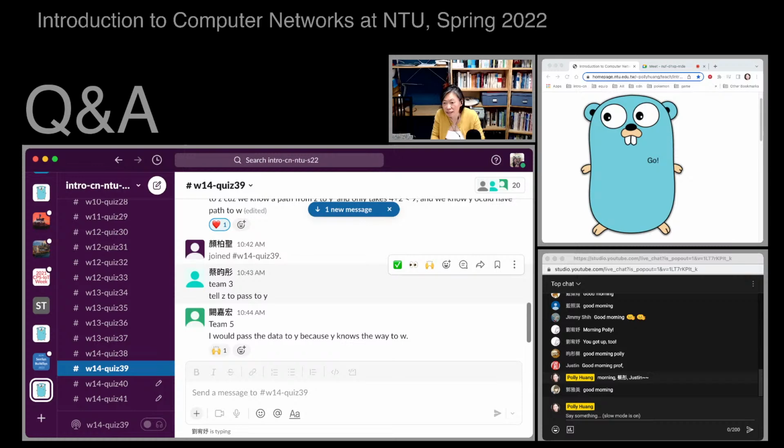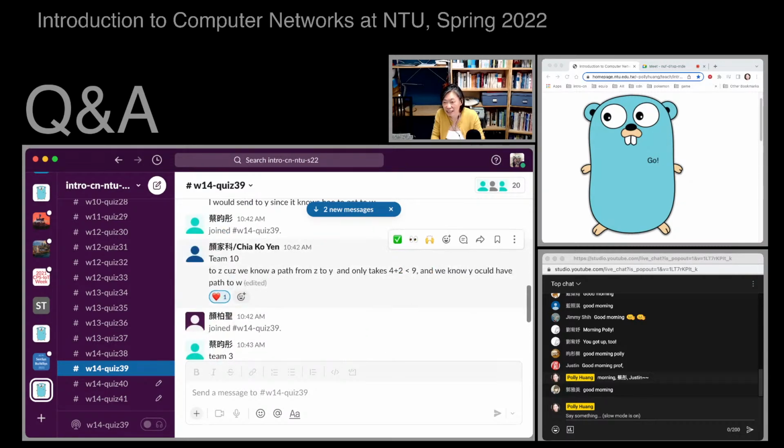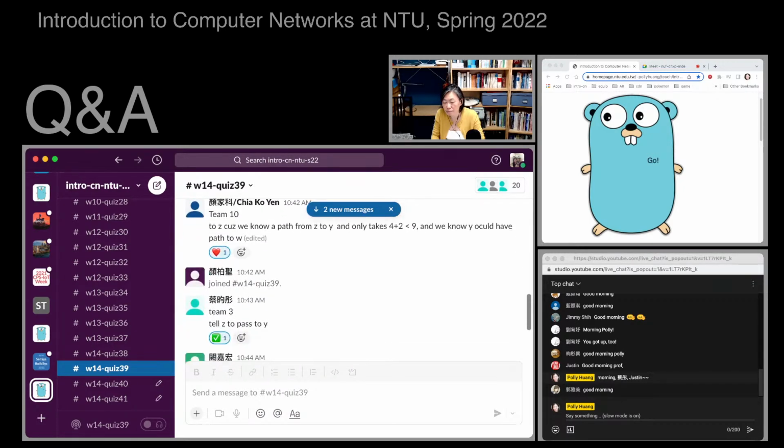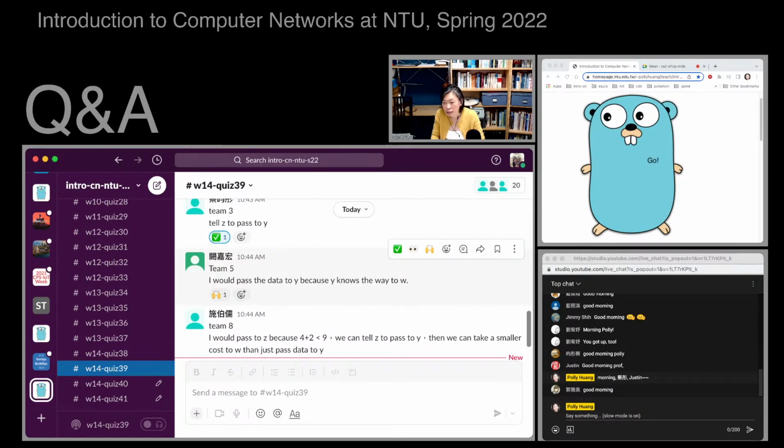So let's see. Cai Tong here is thinking from the same perspective. In case X knows there's a way from Z to Y, then of course X sends it to Z and has Z send it to Y. And I forgot to tick Huaizhi's answer in team 5.